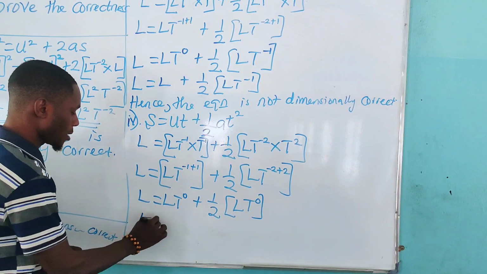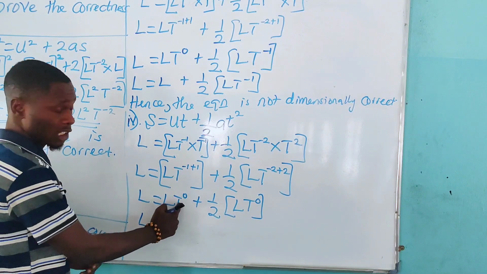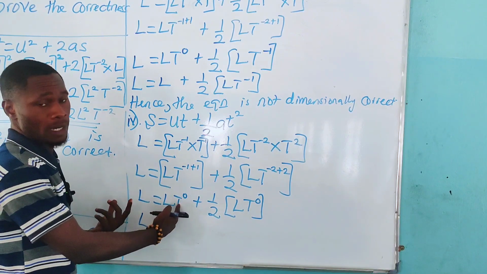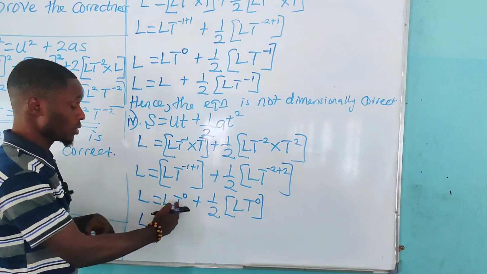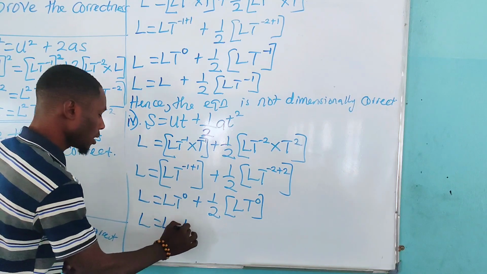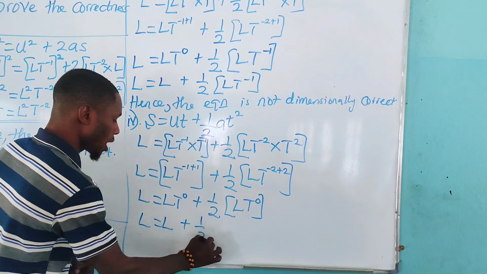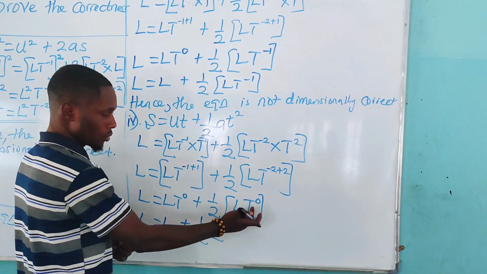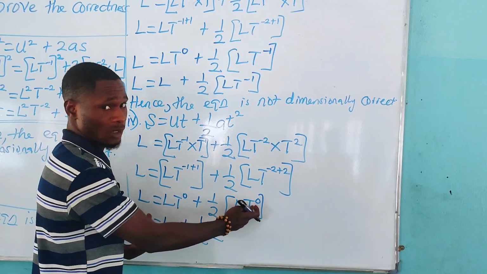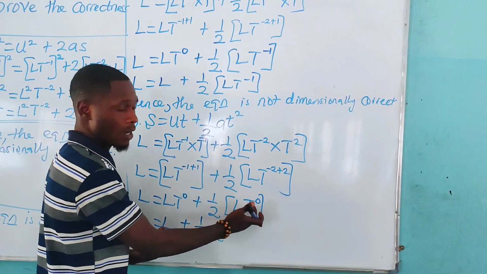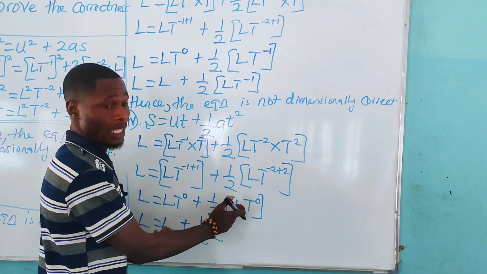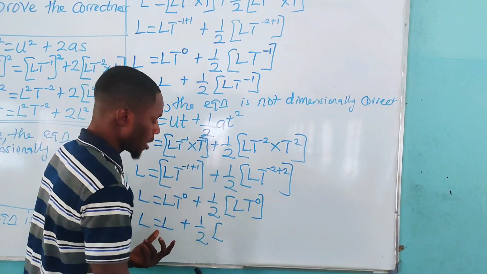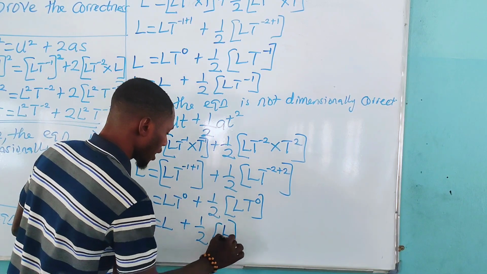So we have T power 0 is 1, because anything raised to the power of 0 is 1. So that 1 times L, we have L plus 1 over 2 into T power 0, which is still 1. So that 1 times L will give us L.